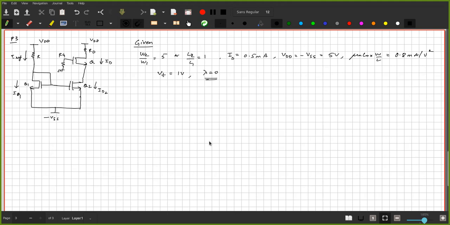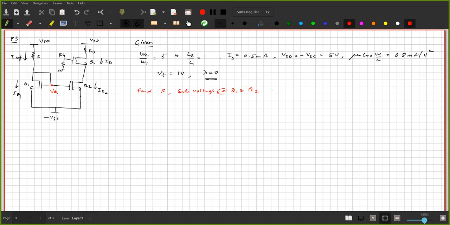What is asked? Find the value of R, the gate voltage at Q1 and Q2. So this voltage VG, he is asking you to find VG, not VGS, just VG.